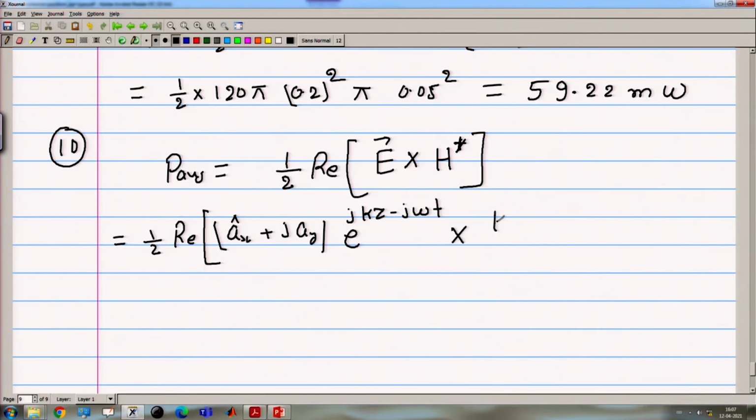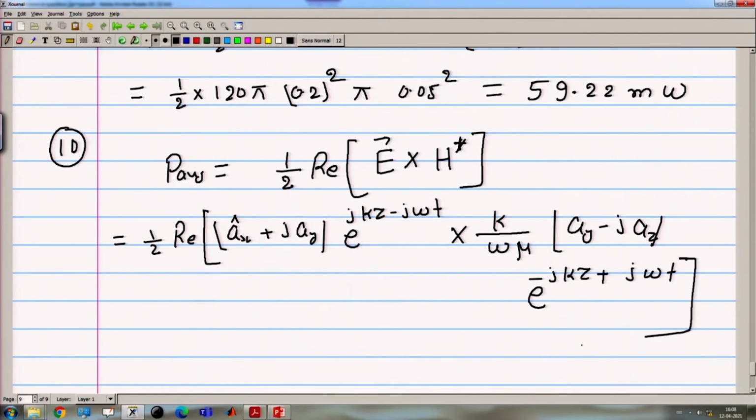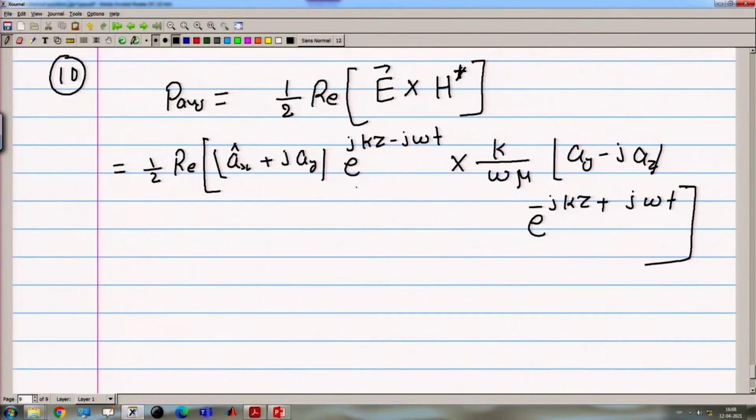H is k by omega mu times (a_y minus j a_x), and that is conjugated, which means e to the power minus j k z plus j omega t. So, we can multiply. This exponential term will be 1, and k by omega mu will come outside.